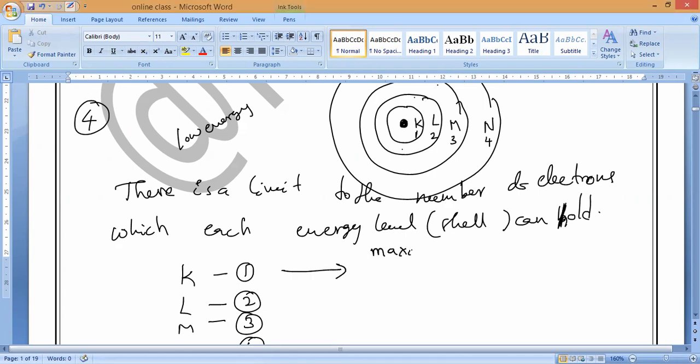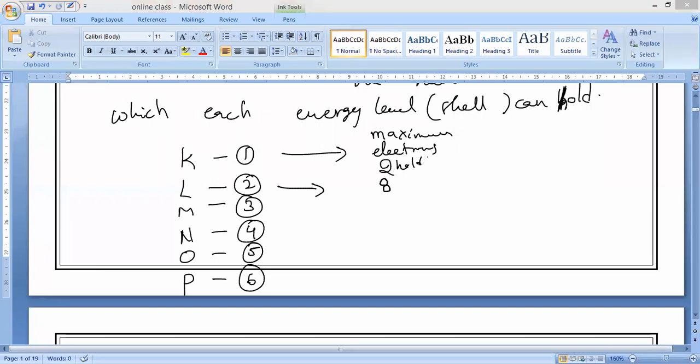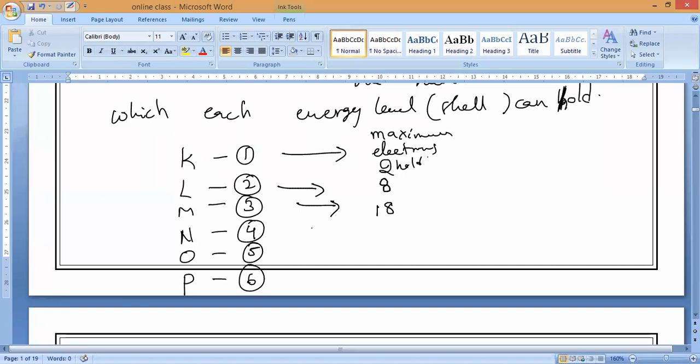The K cell holds 2. Next, the L cell can hold a maximum of 8 electrons. M can hold a maximum of 18, and the N cell can hold a maximum of 32.